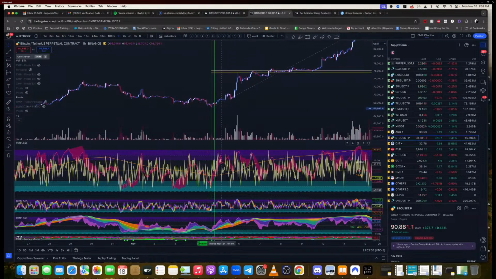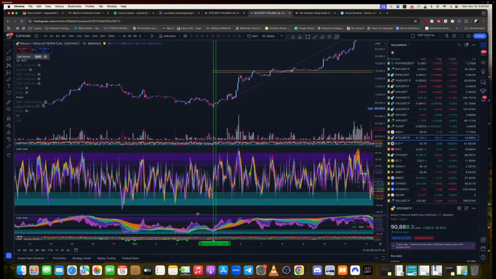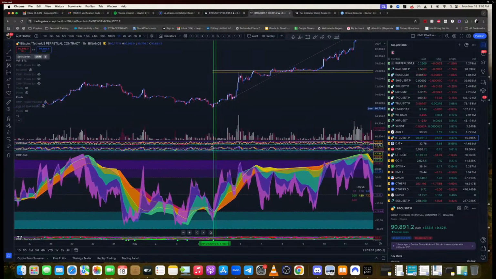You got the par gap on this, and the par gap, from all my back testing, has been about a 90% win rate. It's either going to give you a scalp or a swing. I would say 70% of the time you're going to get a pretty good swing out of it, and the other 20% of the time that it's a win, it's just a small win with a scalp.